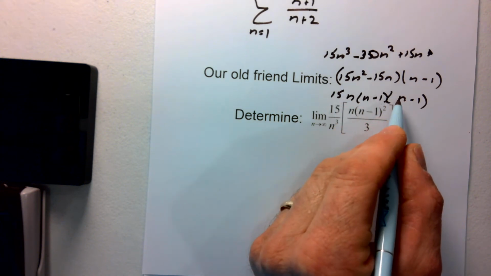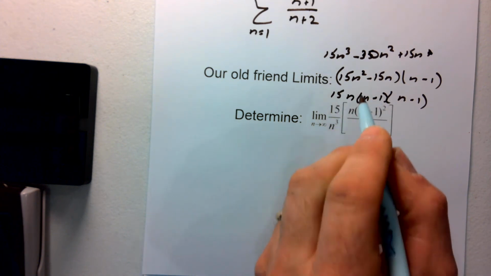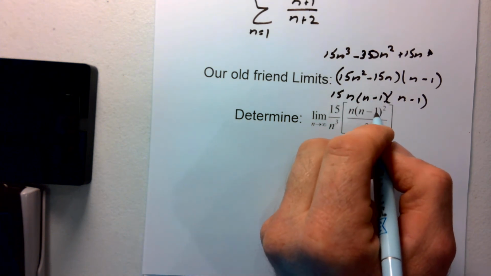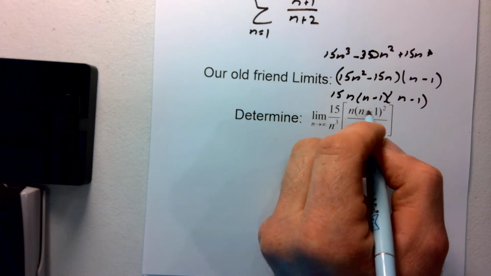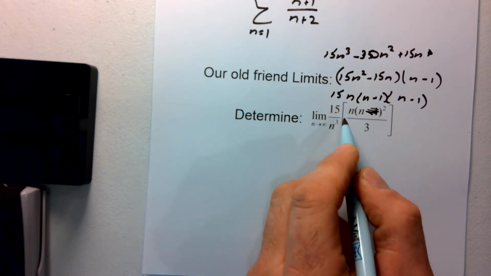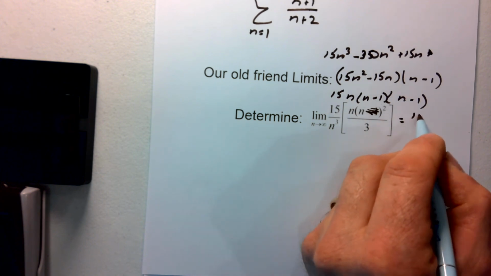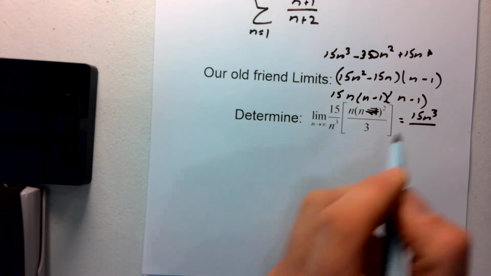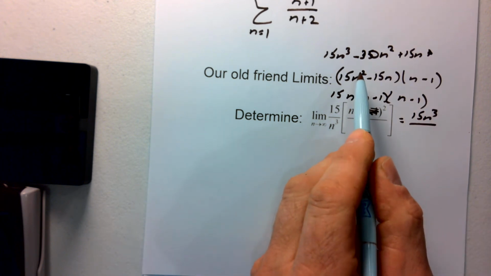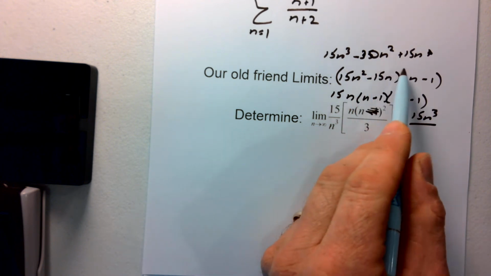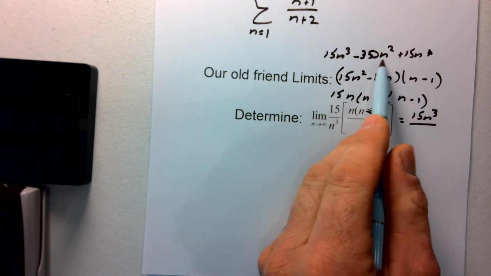We multiply it to the n here, which is 15n to the third. So if we get rid of this extra stuff in this binomial, if we get rid of this minus 1 here, notice we'd have 15 times n squared, or 15n to the third. That would eliminate all of this extra stuff in here.